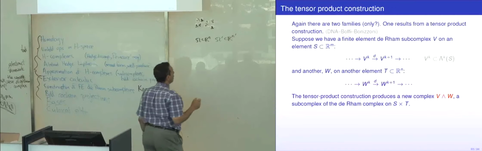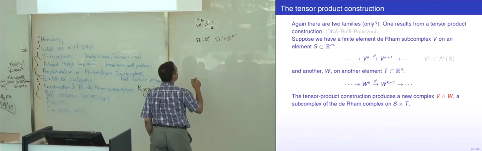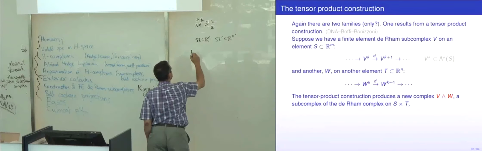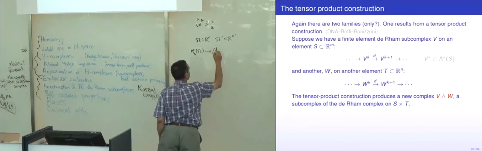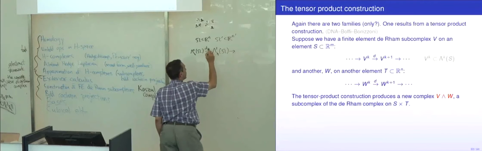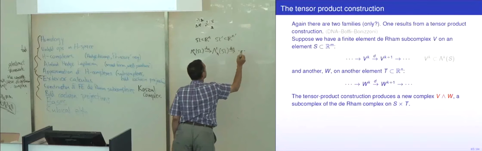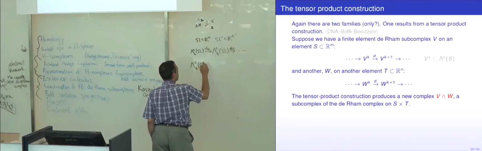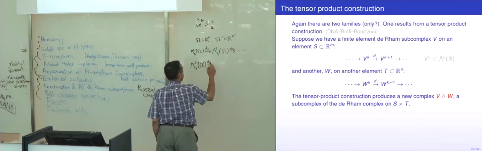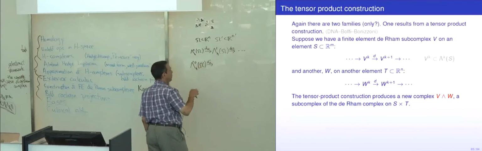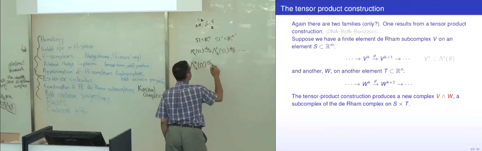And I have some subcomplex of the de Rham complex on omega. So this is D. If I have to be very careful, I'll say D sub omega. And I have some subcomplex of the de Rham complex on omega prime. Some other subcomplex, so I guess I need primes here.